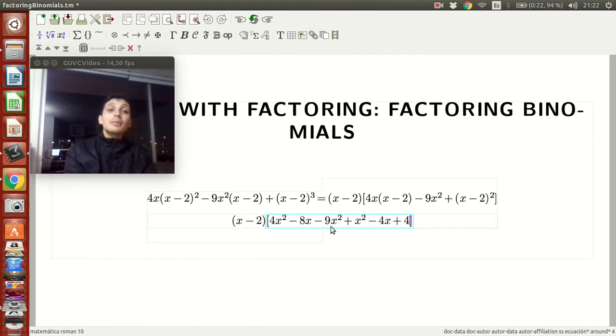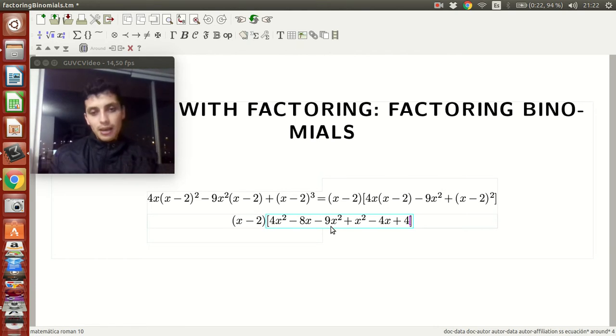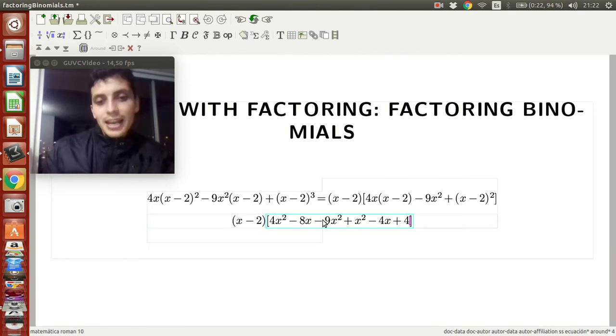And we can simplify the expression that we have here. What is the expression that we can simplify? So we have negative 9x squared plus 4x squared plus x squared.